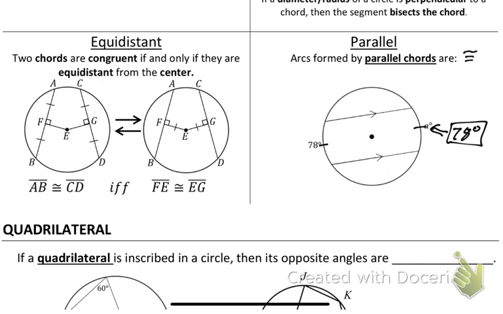Xavier, did you get that? Because that was really, really important. Can you kind of read back what I was saying? Do you want me to say it one more time? Okay. So I said, if these distances are the same to the chords, that means all 4 of these are congruent. If these aren't congruent, so let's look at this.